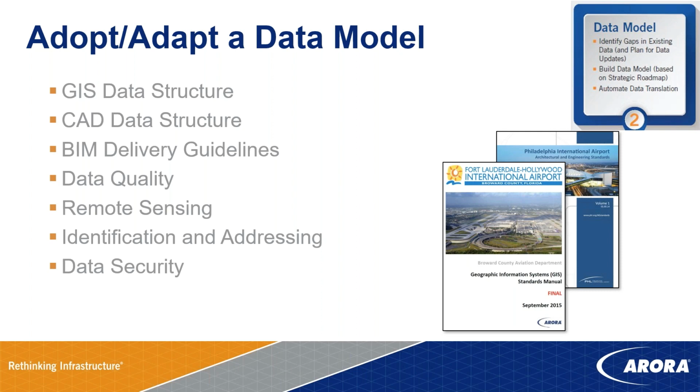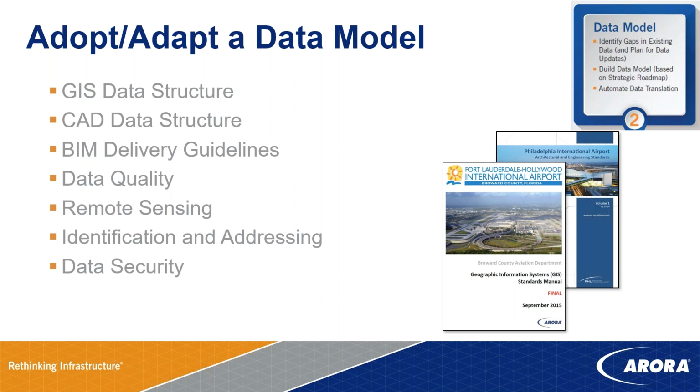But you should let the information that you've gathered as part of your discovery guide your needs for a model. So determining what to accept from both CAD and GIS inputs, but also BIM.